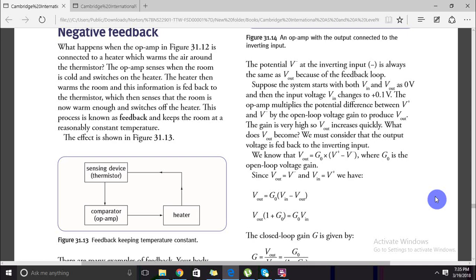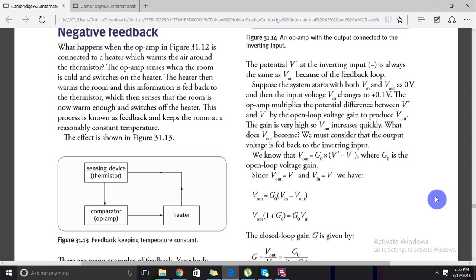We have V out is equal to G naught into V in minus V out. So we multiply both V in and V out by G naught. So we get V out is equal to G naught V in minus G naught V out.